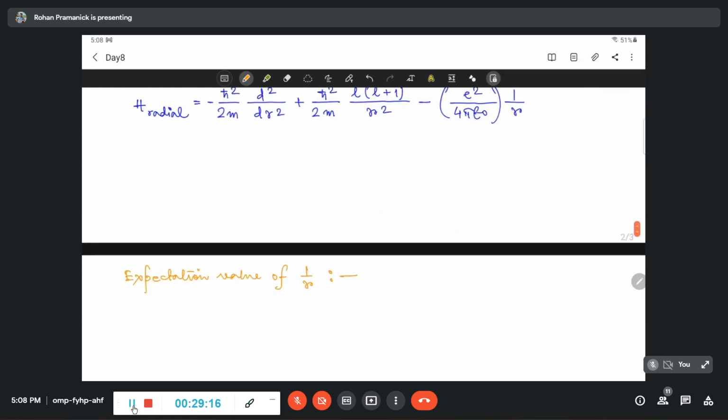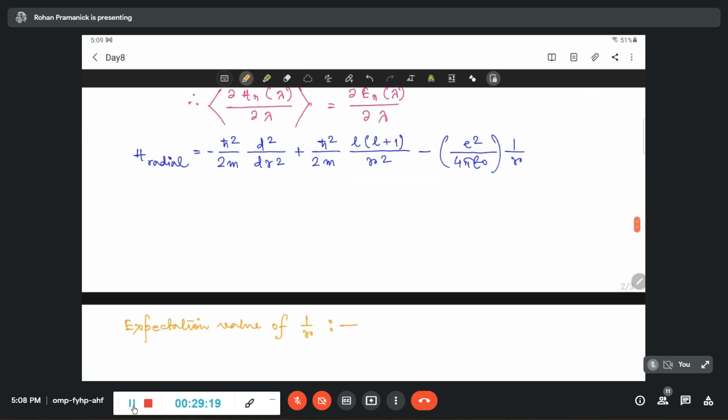Looking at this expression, which quantity other than the coordinate do you need to choose as lambda, so that when you differentiate with respect to this lambda, you have the main ingredient 1 by r from this Hamiltonian, with whatever coefficient or constant it has? Can any of you say, looking at this radial Hamiltonian of the hydrogen atom, what quantity I need to choose as lambda in order to use this Feynman-Hellmann theorem and get our required 1 by r expectation value?